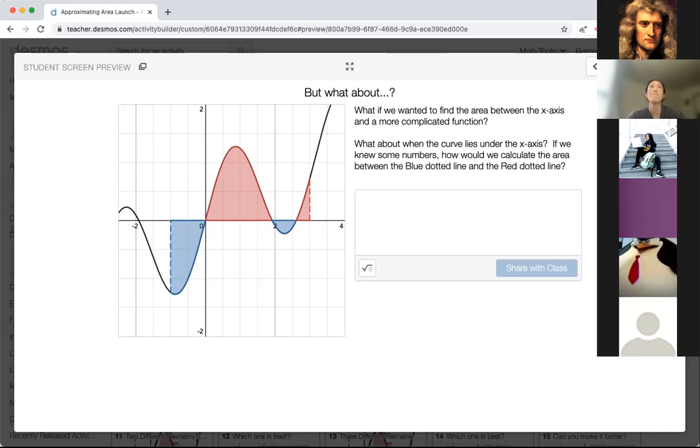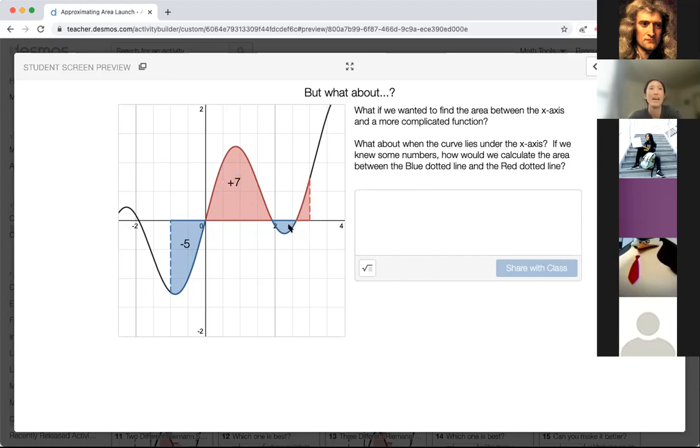So let's imagine some numbers here. Let's say that this blue area down here is -5. What area do we want for this red bump, the first red bump that we see? Someone give me their favorite number. 7, +7.